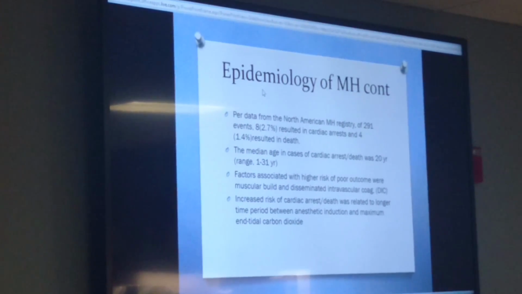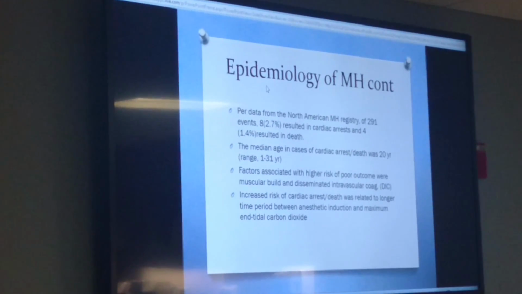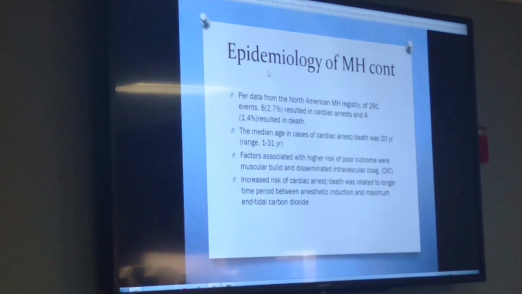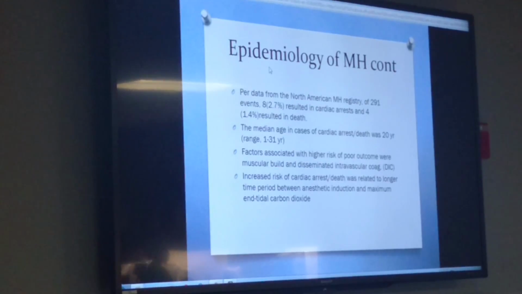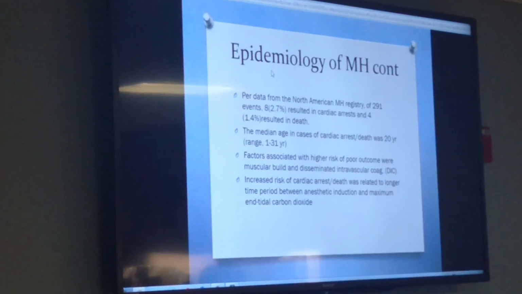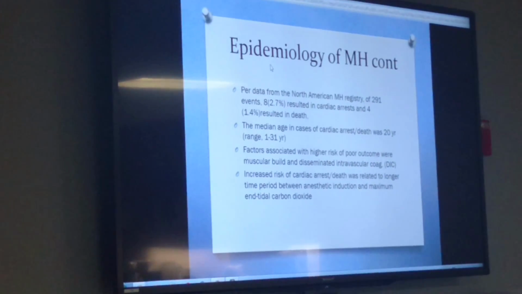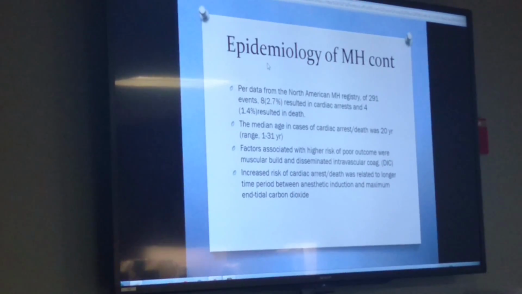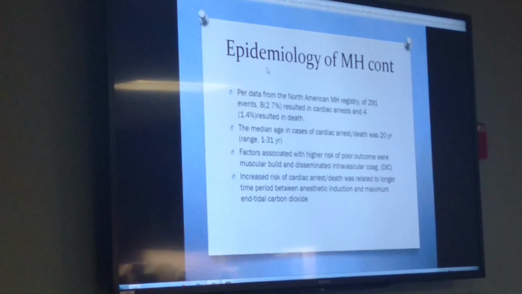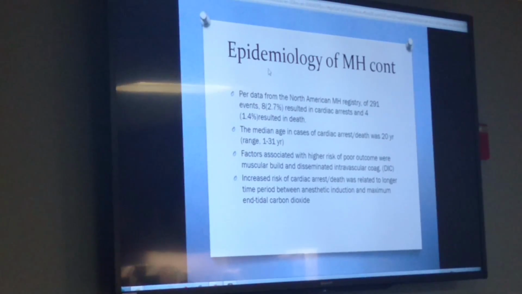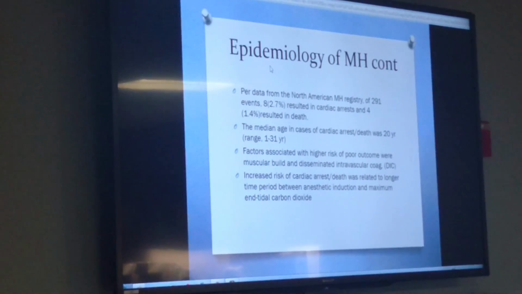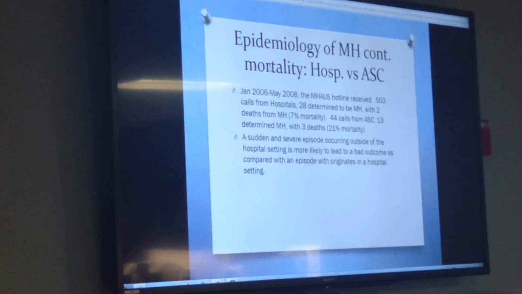Factors associated with higher risk of poor outcome were muscular build and disseminated intravascular coagulation, DIC. Increased risk of cardiac arrest and death was related to longer time periods between when anesthesia induction and the maximum end-tidal carbon dioxide, which means the first thing anesthesia is going to notice is a CO2 elevation.